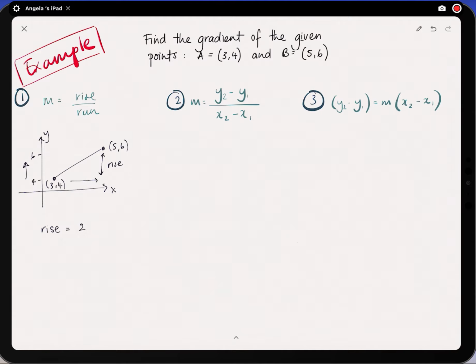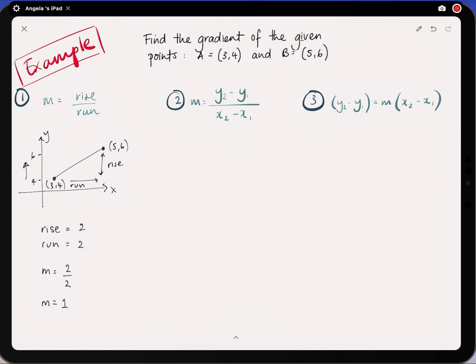And our run, which is our horizontal, has gone from 3 to 5, so again, it's moved 2 units. Substituting these values into rise over run, I get m is equal to 2 on 2, giving me a gradient of 1. Now, let's check that the first method was correct by using the second one.